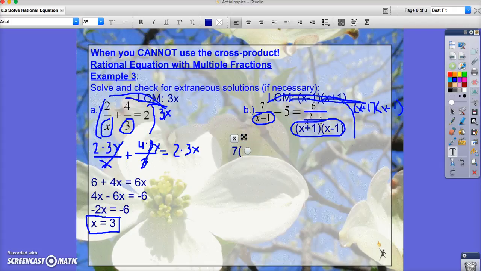So 7 times x plus 1, x minus 1, over x minus 1, minus 5 times x plus 1, x minus 1, equals 6 times x plus 1, x minus 1, over this denominator, x plus 1.